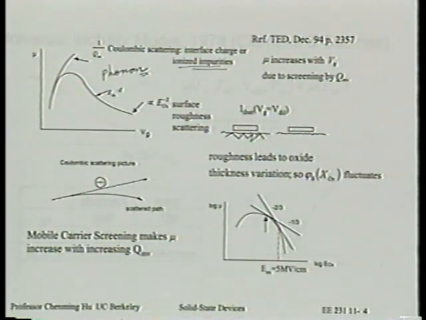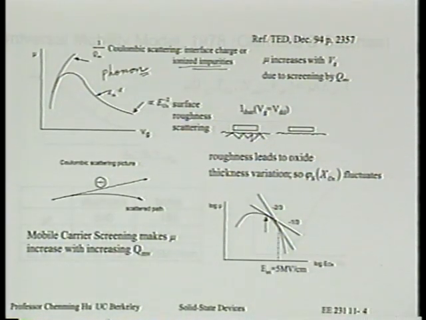Why would phonon scattering increase as the vertical field increases? Well, the explanation is not so clear. There have been several explanations. They all seem to be pretty good. In fact, there seem to be more reasons for there to be a dependence on Vg than we really need to explain the experimental data. It can increase for the following reason.